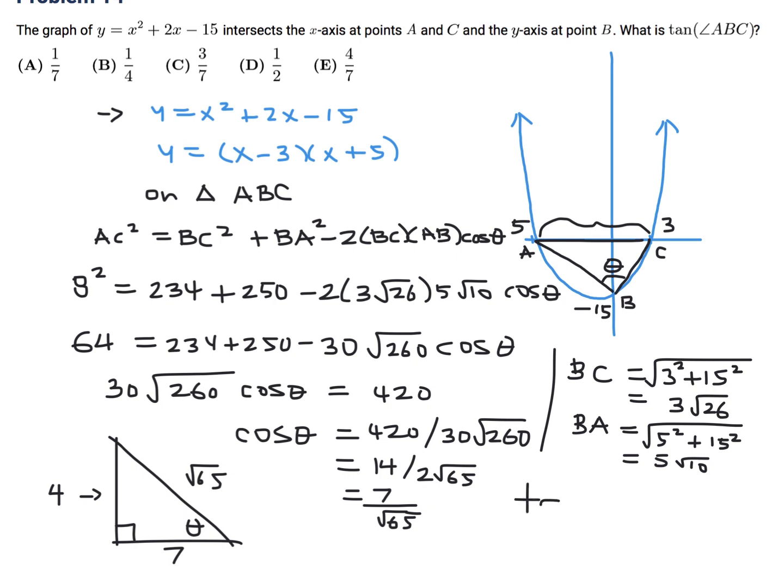So therefore, the tan of theta is opposite over adjacent, and opposite over adjacent would be just 4 over 7, right? Is that it? I think so. Okay, so we're done. 4 over 7, and this question is E.